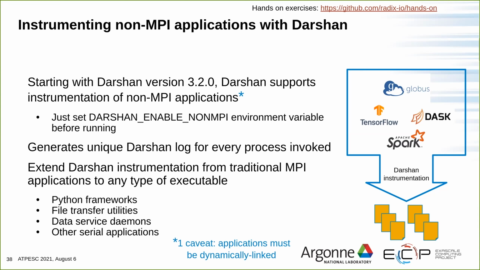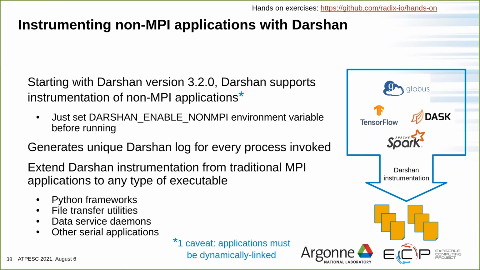One thing to mention here is that applications must be dynamically linked to use the non-MPI version of Darshan. If that's not the case, then there's not really a whole lot that Darshan can do for you. But I think most of the examples I've looked at in this space are using shared libraries, obviously. So we're excited to extend Darshan into this new context so we can instrument Python frameworks.